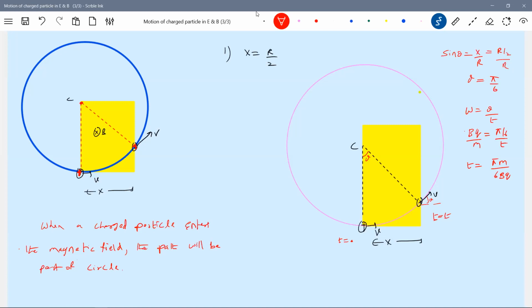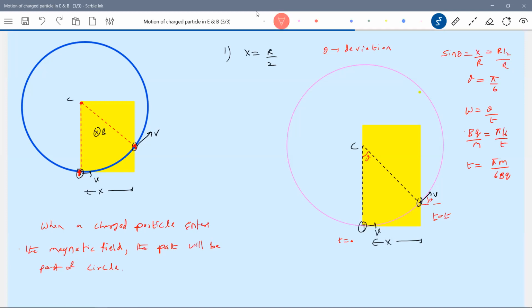Then what is the x coordinate? x equal to r by 2, already you know. The y coordinate we can calculate. What is the deviation? Deviation is pi by 6. Theta is called the deviation. We have one more, deflection. Anybody, can you define deflection? Deviation is pi by 6, I said.